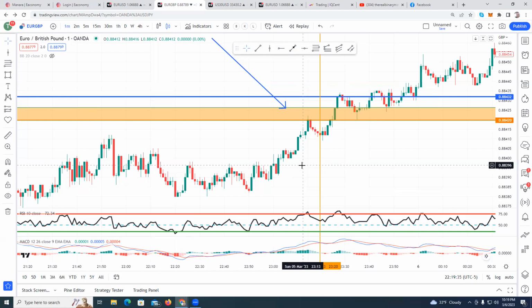That way, when price action comes to that area in the future, you already know, okay, this is a potential area where price action could react from.